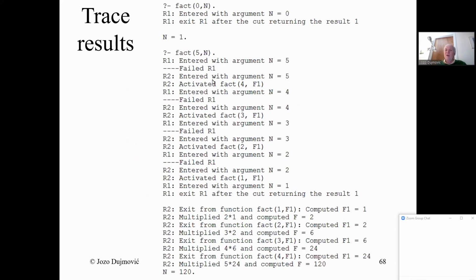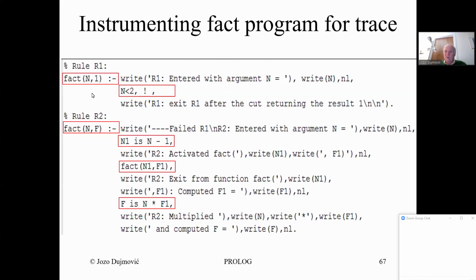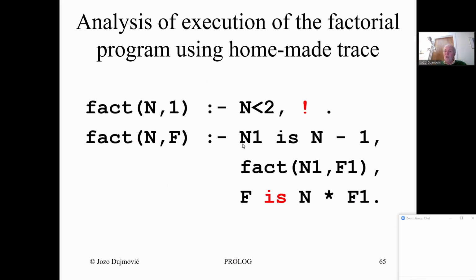Enter with argument, fail, enter with other argument, fail, enter with this argument, succeeded, and then exit from function, computed this value, multiply 2 times 1. When you watch this trace and you see the program itself, you see exactly how the search engine is going here and failing and never reaching cut and dropping down, and then computing n1 is n minus 1, activated factorial with n minus 1, and then going back to the beginning, and then again failing and coming here, going to the beginning, failing, coming here.